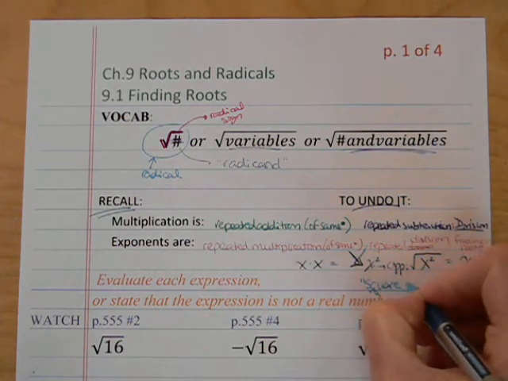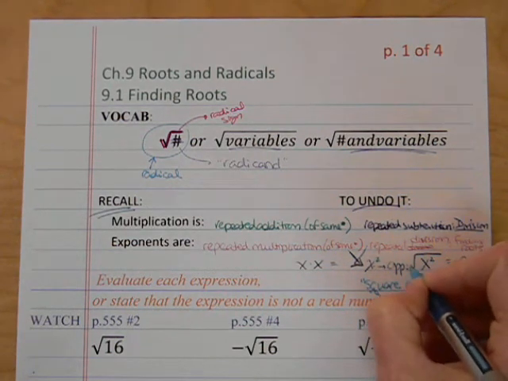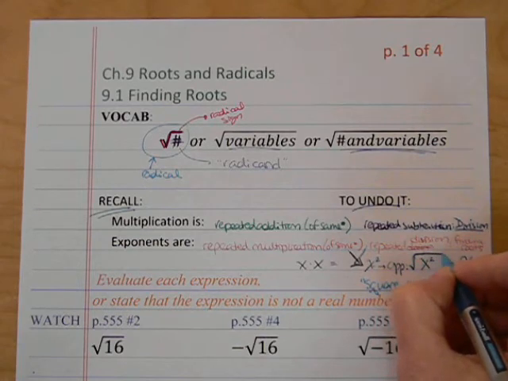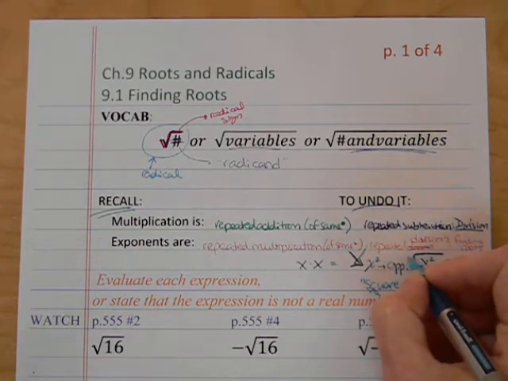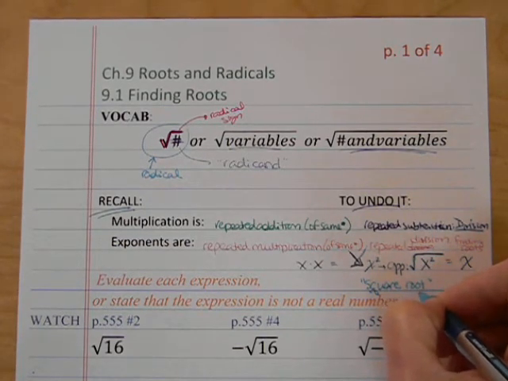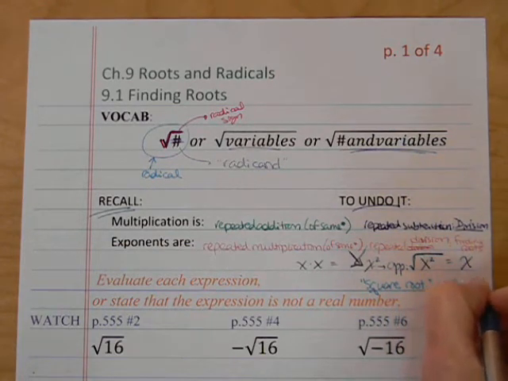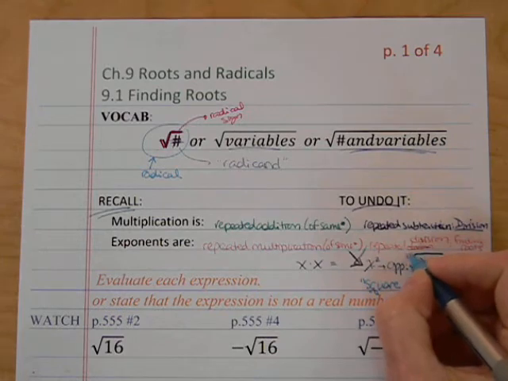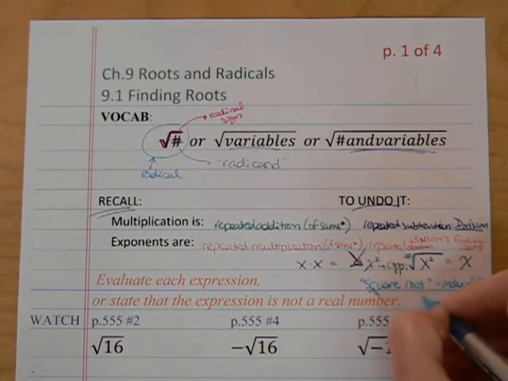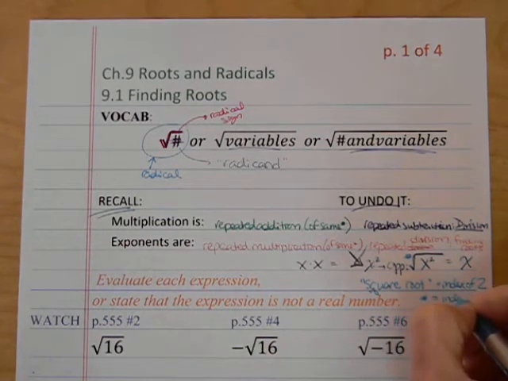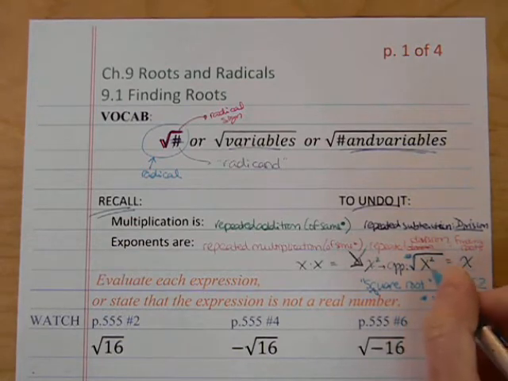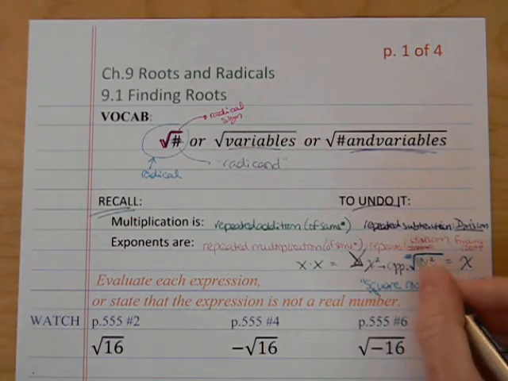When you see just a plain radical sign with no number out front here, that is assumed to be the square root, the index of 2. Whatever number appears here is the index. So it could be a cube root if there's a 3 here, or the third root.